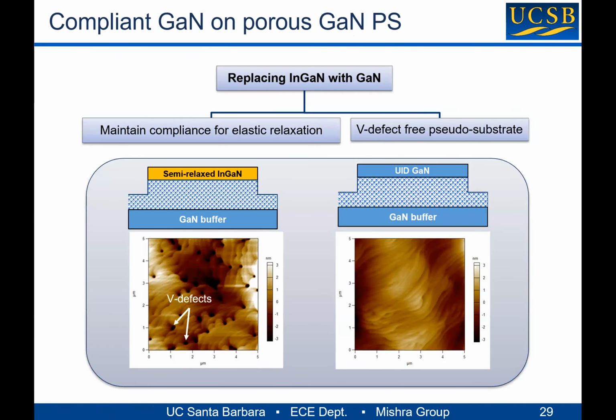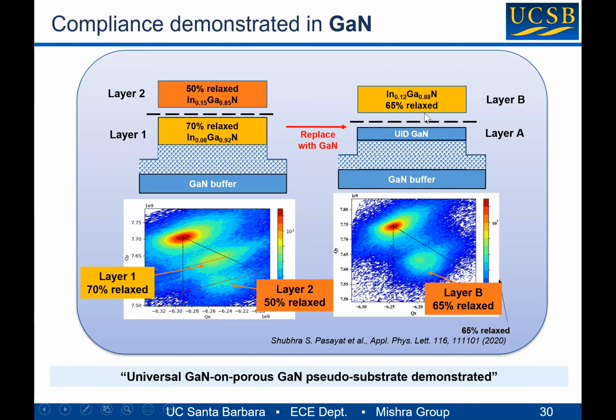If the elastic relaxation is due to the porous GaN underlayer, replacing the base InGaN layer 1 with gallium nitride, we should still have a compliant substrate, but without the V defects on the surface. So when we grew indium gallium nitride on this compliant GaN-capped pseudosubstrate, we were able to achieve as-grown 65% relaxed InGaN layers.